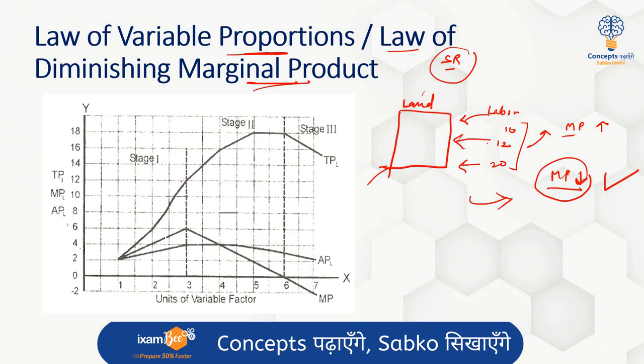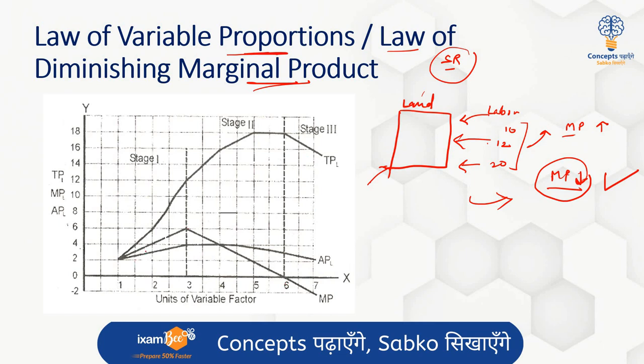That means it will be increasing at an increasing rate. But when marginal product starts falling, the total product is still increasing, but now it becomes concave. So it is increasing at a diminishing rate in stage 2. But when marginal product becomes negative, your total product starts falling, because the addition to total output is now negative. So that's why the total product is falling.